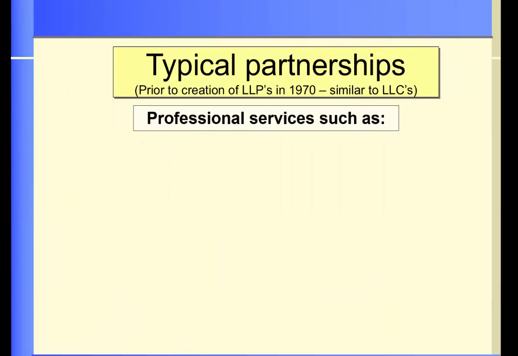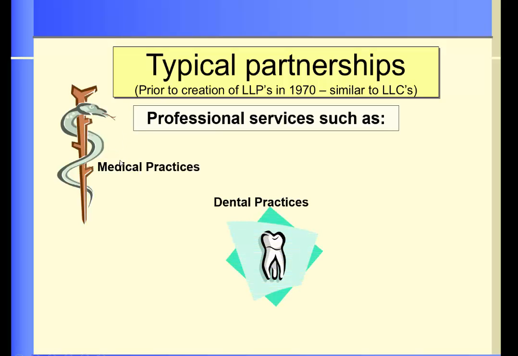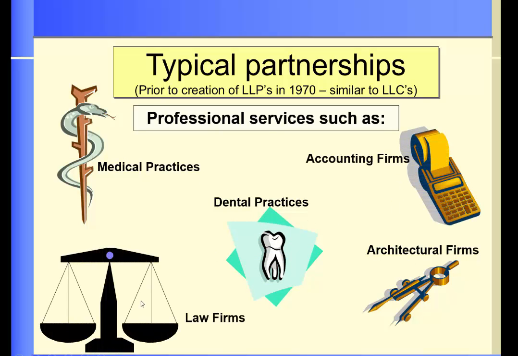Now we go on to typical partnerships, and this is showing medical practices, dental practices, architectural firms, accounting firms, law firms. These were typical partnerships for years and years until in 1970, or right in there, most of the states passed legislation and created another business entity called LLCs.